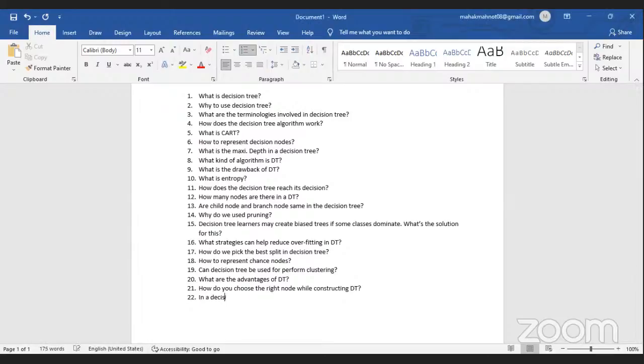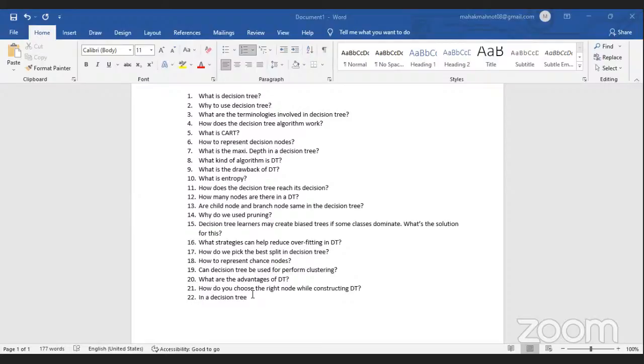In a decision tree, the question is, first I just said to you that in a decision tree, the entropy of a node decreases as we go down a decision tree. Is this statement correct or not?